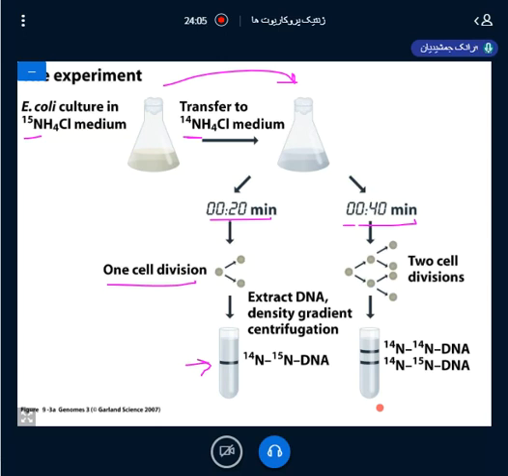You all know the B is correct, yes? The semi-conservative is correct. But how does this experiment show us the semi-conservative is correct?